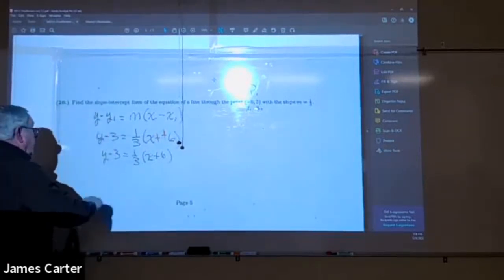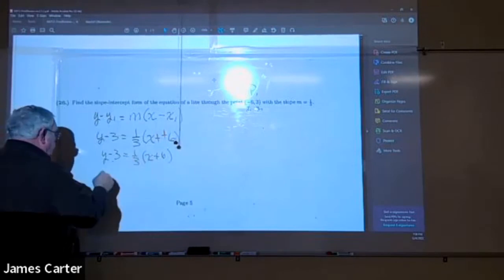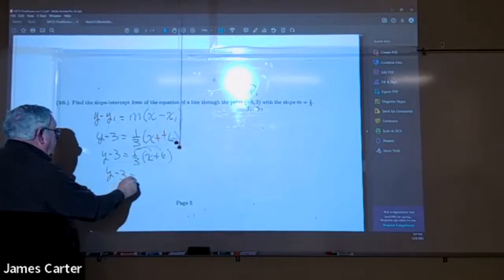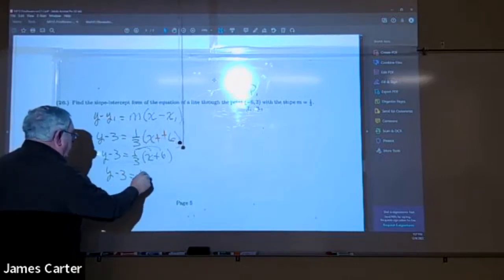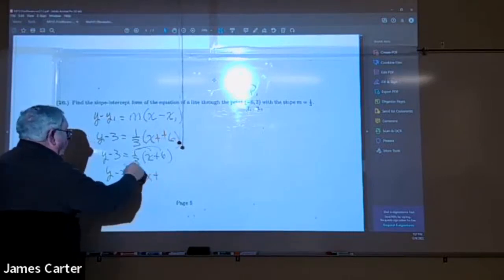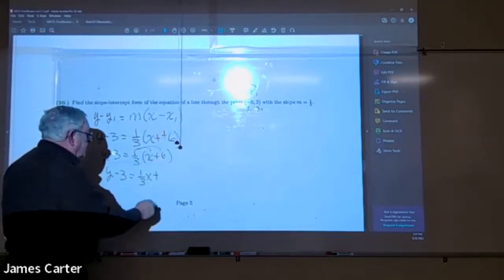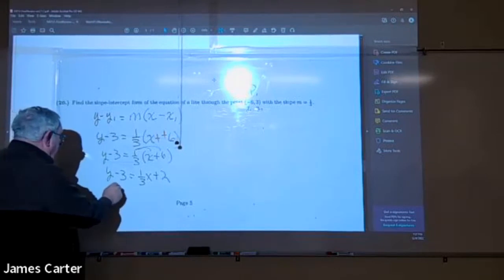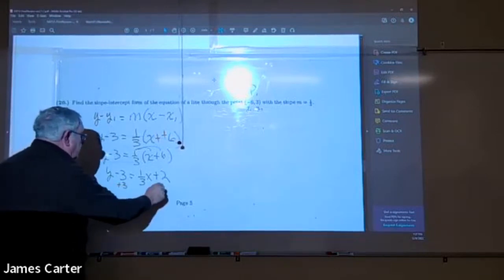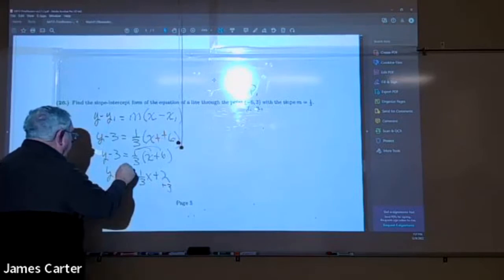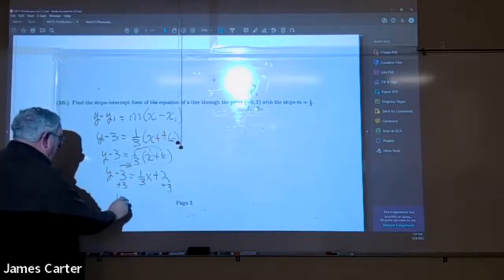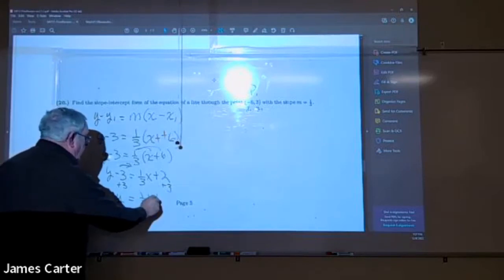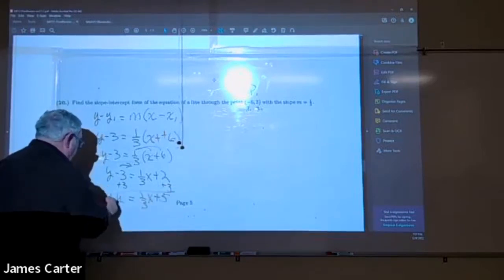So now we have to distribute this. y minus 3 equals 1/3 x plus 1/3 times 6 is 2. Now we add this 3 to both sides to get it over there. y equals 1/3 x plus 5. Done.